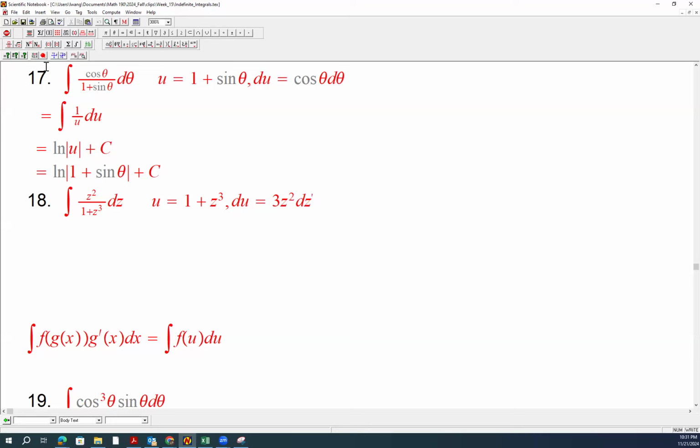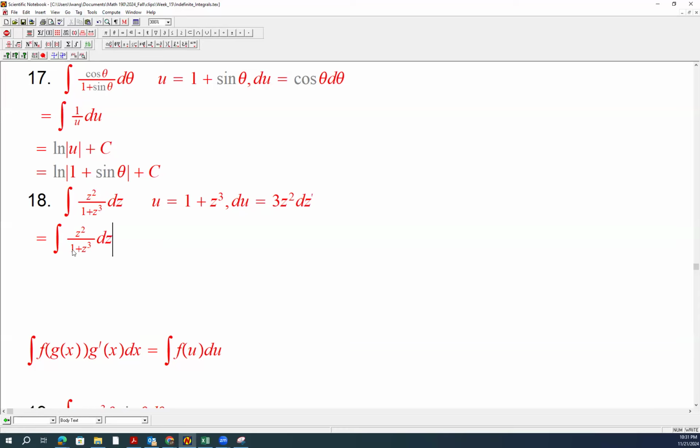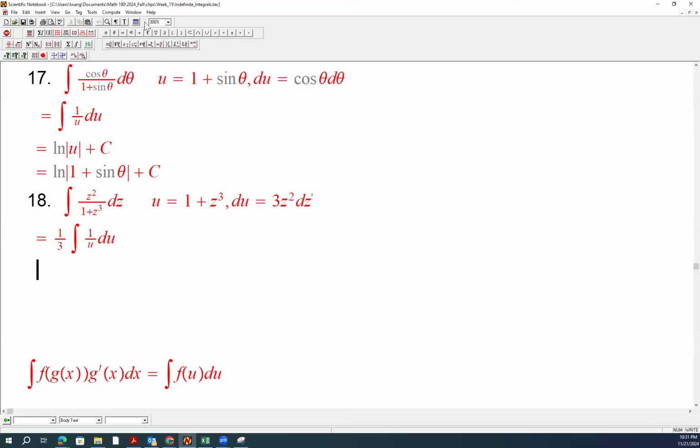So dz, right? And over here, we have that's u, right? Z squared dz, and that is 1/3 of du, right? So by this time, you guys are probably very good at this. 1/3 of it brought to the constant.